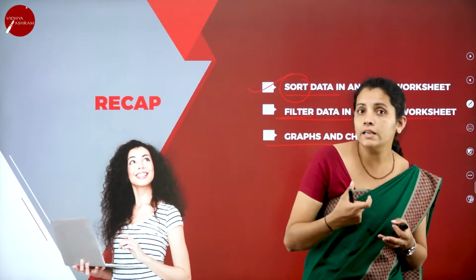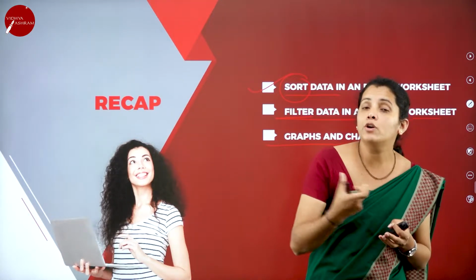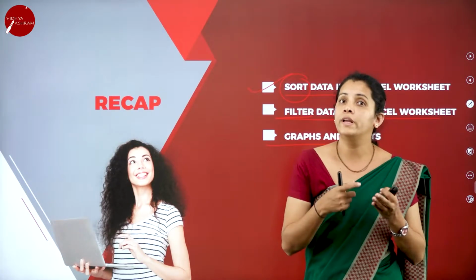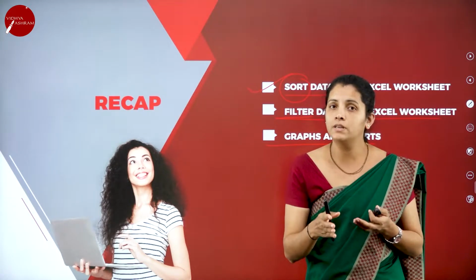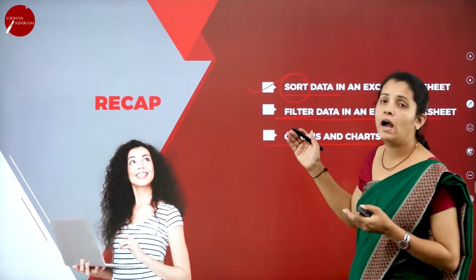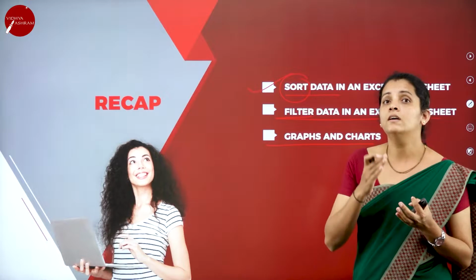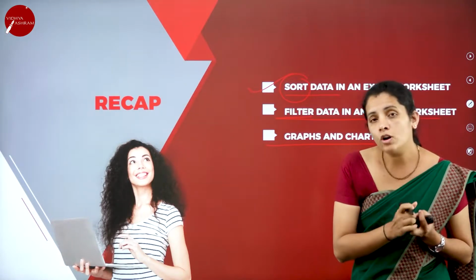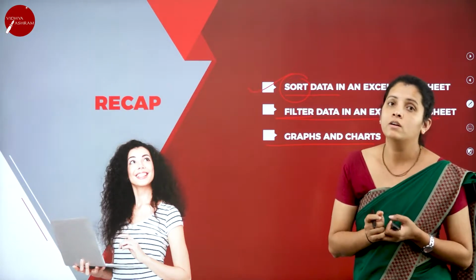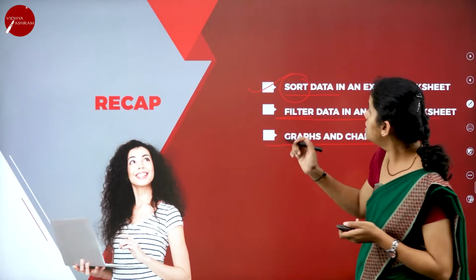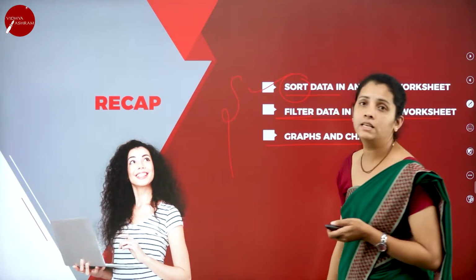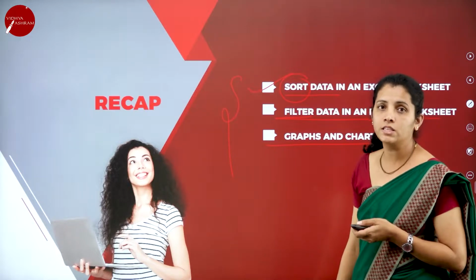So chart is nothing but the pictorial representation of data as well as numbers. Here we have different kinds of charts, that is line chart, column chart, bar chart or pie chart. These are the topics we discussed in my previous session.